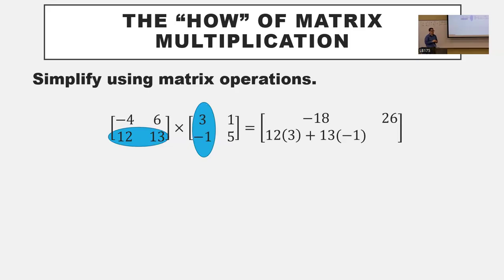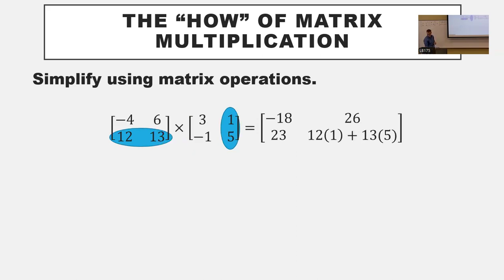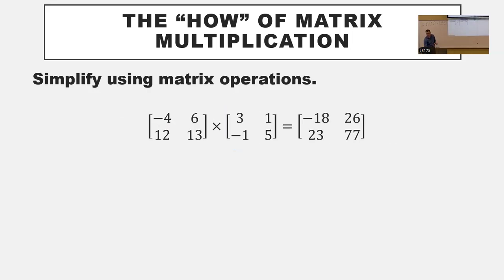When I multiply those, again, I think of this as grabbing 12, 13, putting it upright. 12 gets multiplied by 3, 13 gets multiplied times a -1. And then lastly, we get 12 times 1 plus 13 times 5. Row 2 of the first matrix times column 2 of my second matrix. And that'll give me a 77.